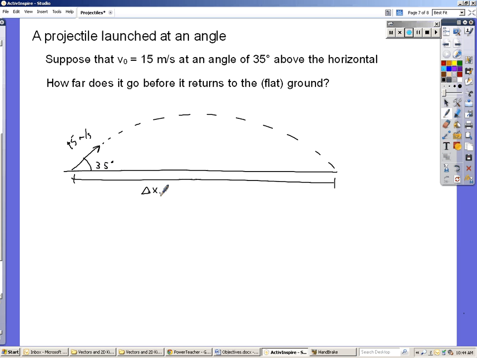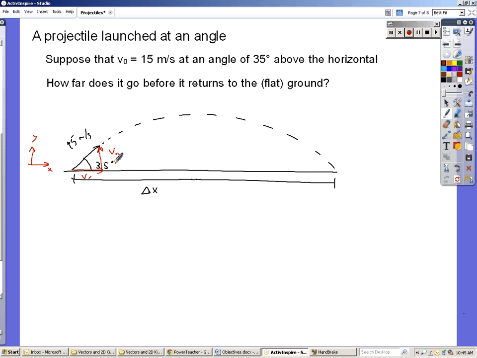Now you recall from previous videos that the x component of the velocity is constant, so let's go ahead and find that. We've got the velocity drawn as a vector here. Here's our coordinate system, x and y. So there's vx, and there's v naught y.